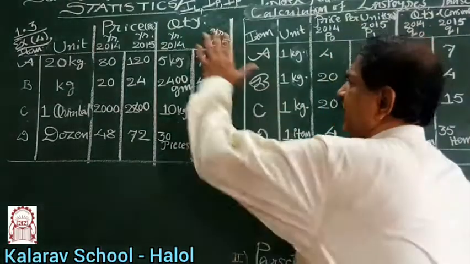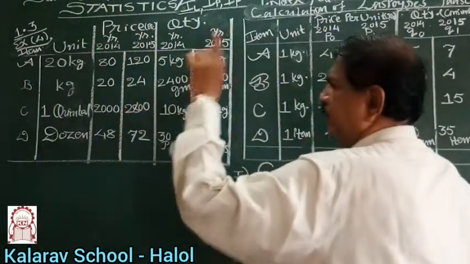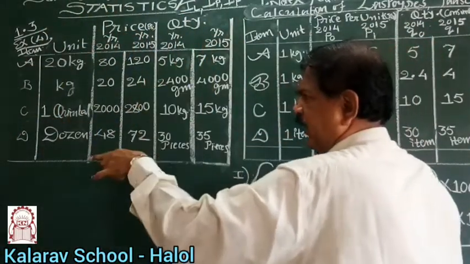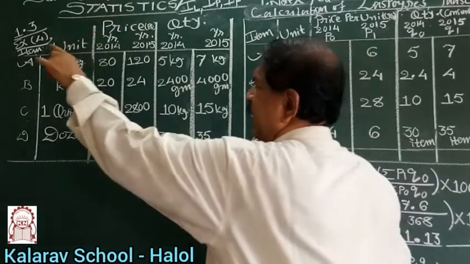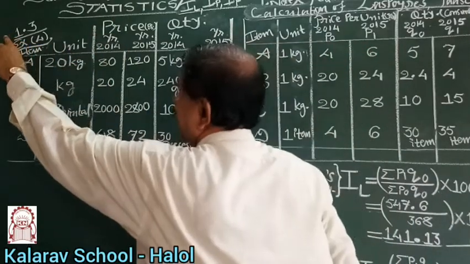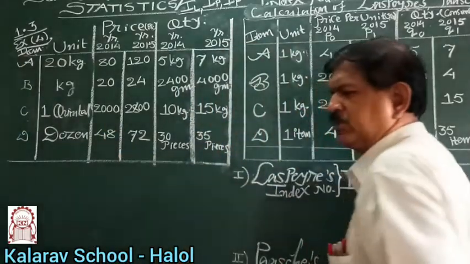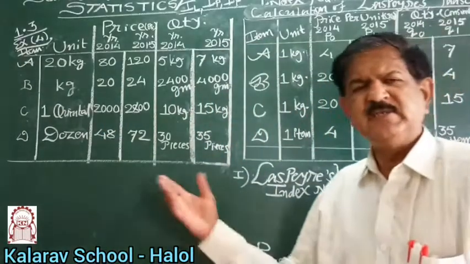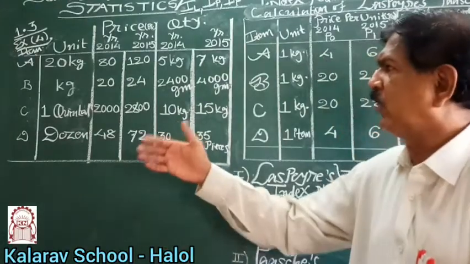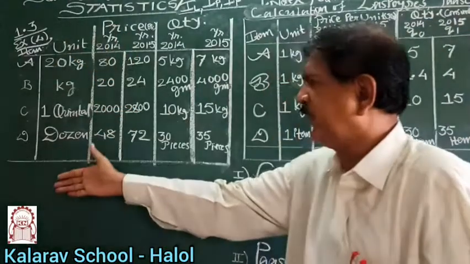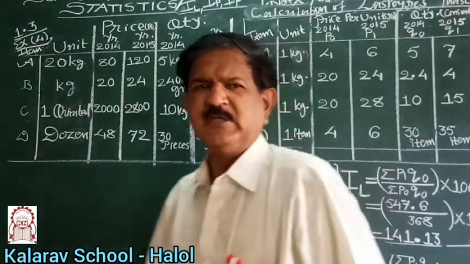This is the given example in our textbook, Statistics Part 1, page number 29, exercise 1.3, example number 4. Now how to solve it? We have seen such examples, but how do we convert the unit into a smaller, single unit? So see the solution.